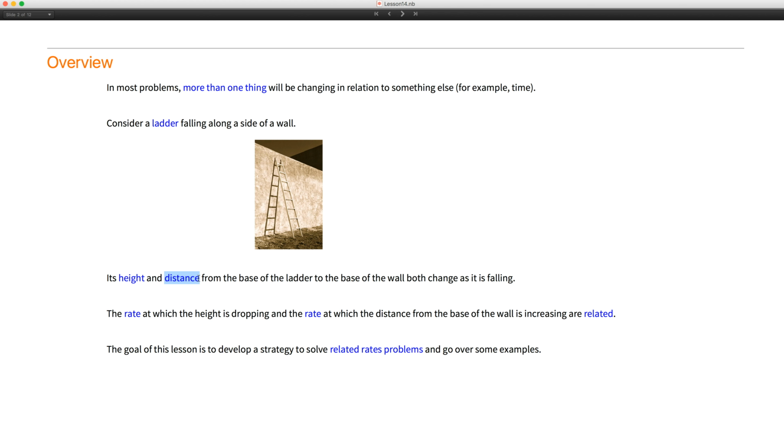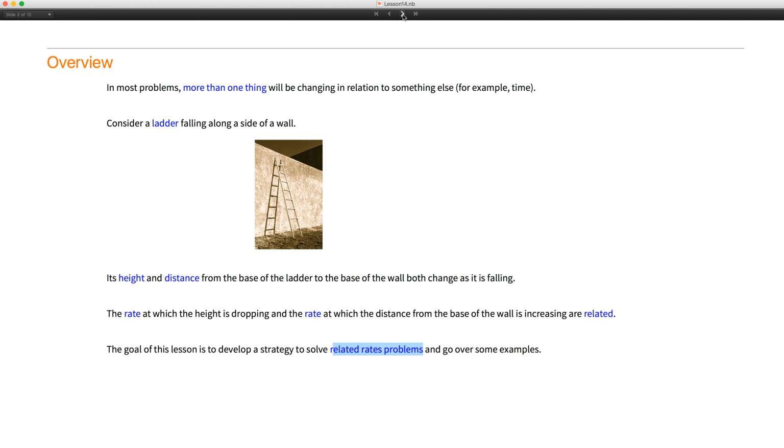Both are changing as the ladder falls. And of course, the rate at which the height is dropping and the rate at which the distance is increasing are related. That's the theme for today's lesson, related rates problems.